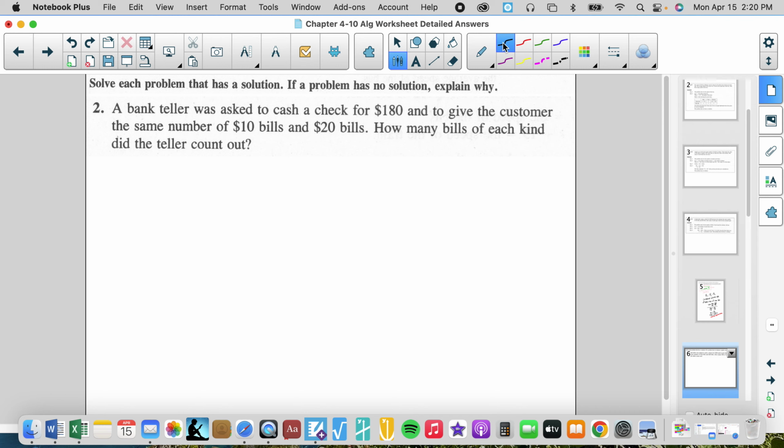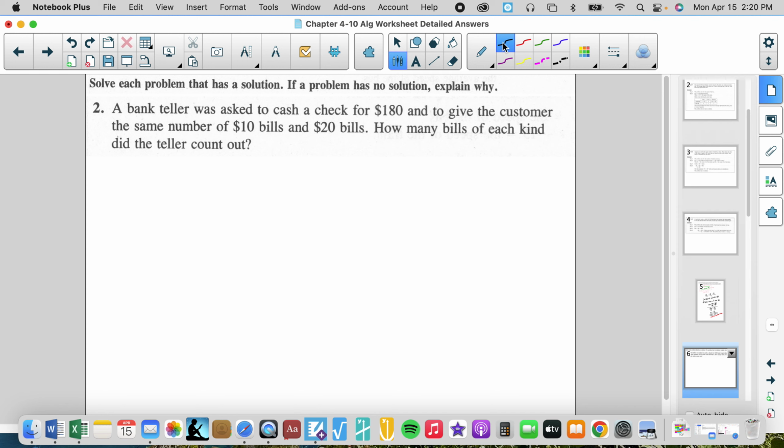Let's try number 2. A bank teller was asked to cash a check for $180 and to give the customer the same number of $10 bills and $20 bills. How many bills of each kind did the teller count out?